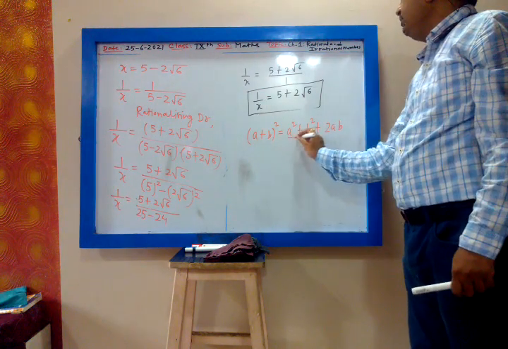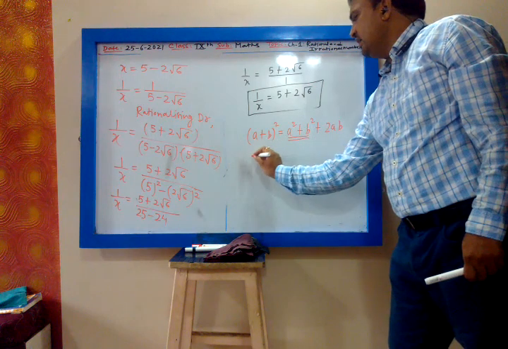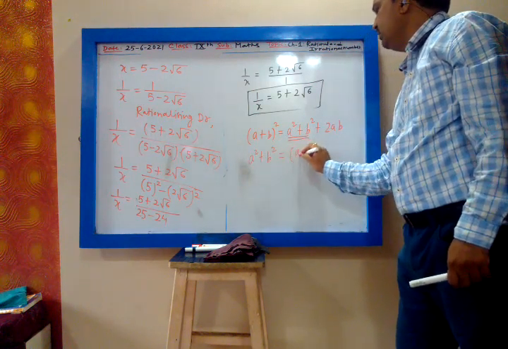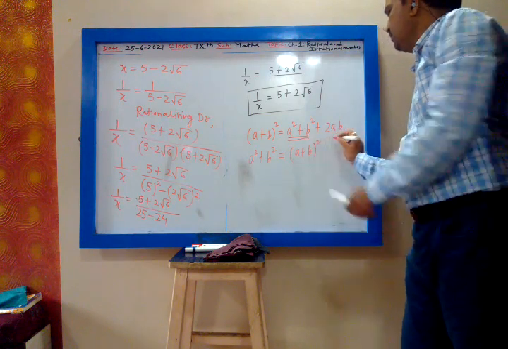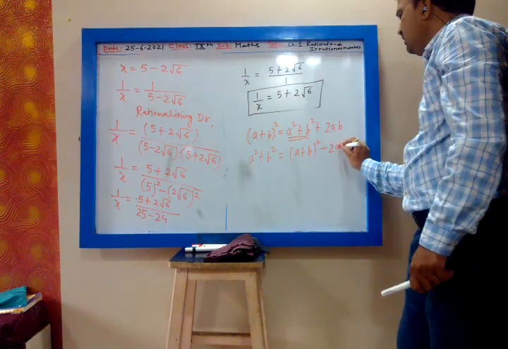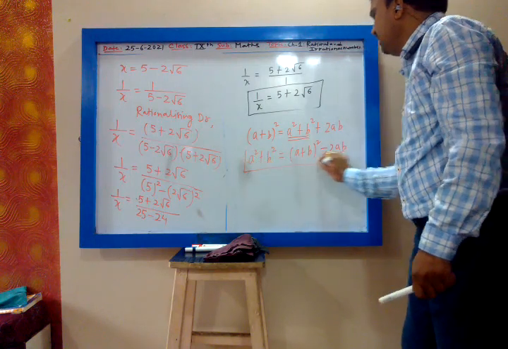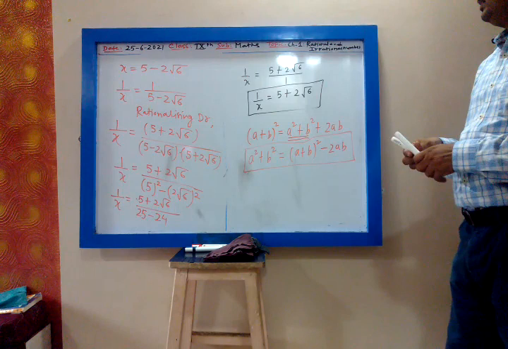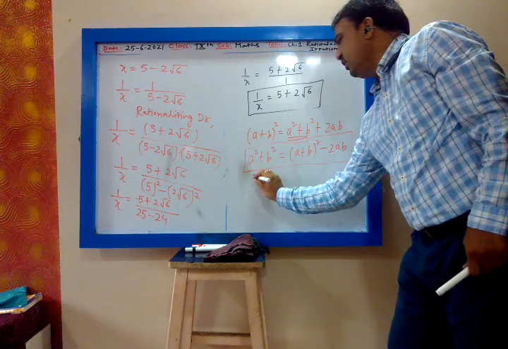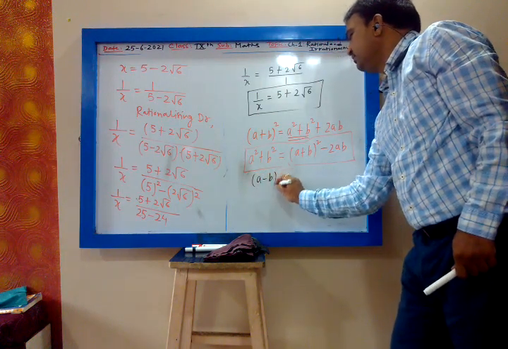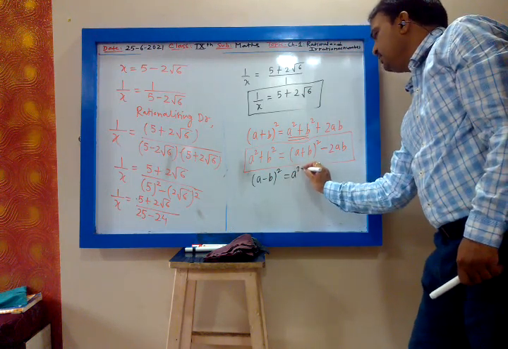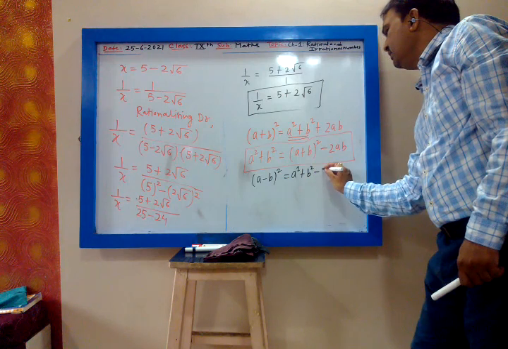So I can write a square plus b square as (a plus b) whole square minus 2ab, yes or no? Similarly, what is (a minus b) whole square? a square plus b square minus 2ab, no?